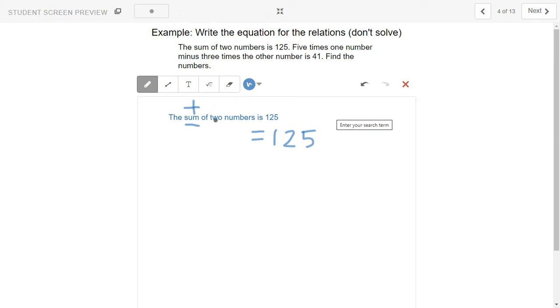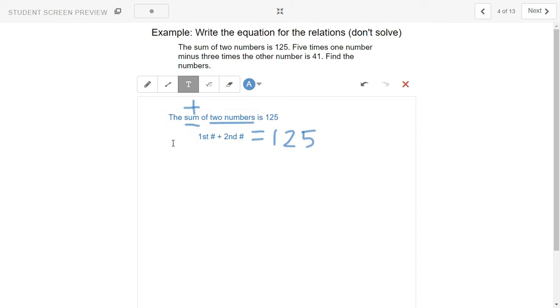What am I adding together? Well, I'm adding together two numbers. So I know that if I have the first number plus the second number, this will equal 125.